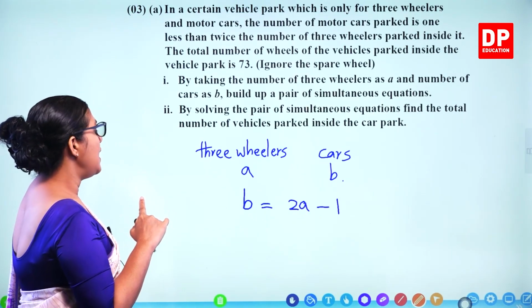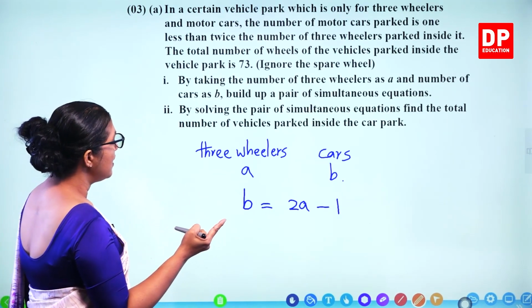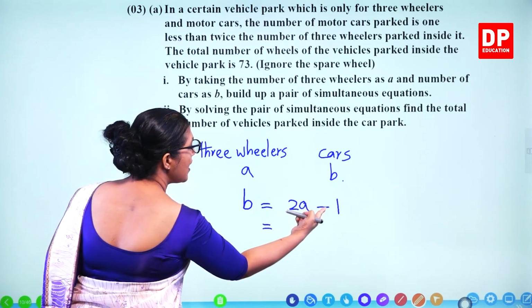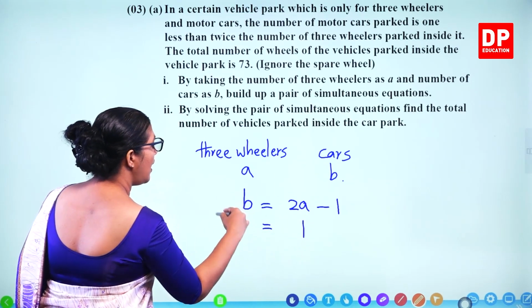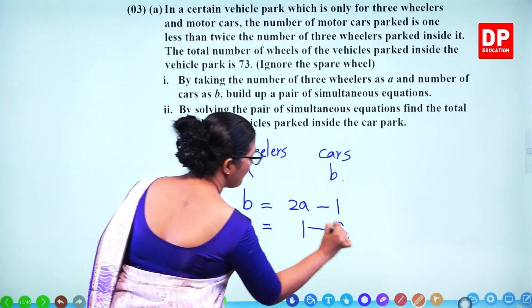So B equals 2A minus 1. So you can take it to this side and write minus 1. When you take it to this side, that's 1. And 2A minus B. That's your first equation.